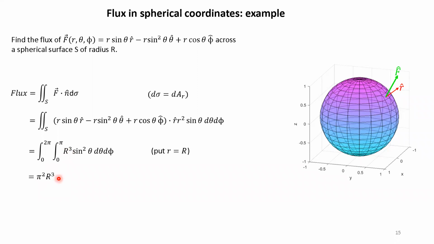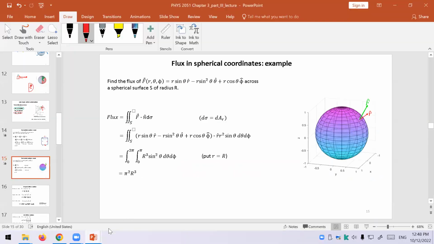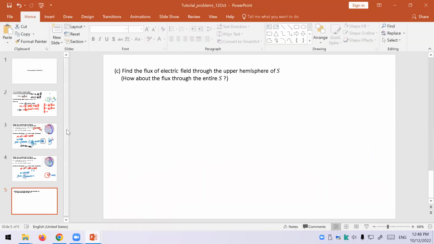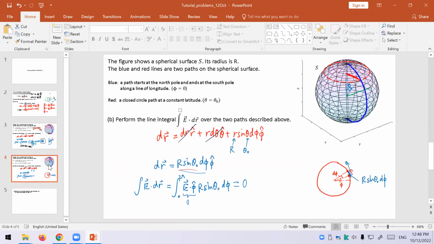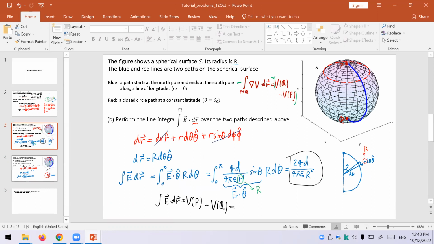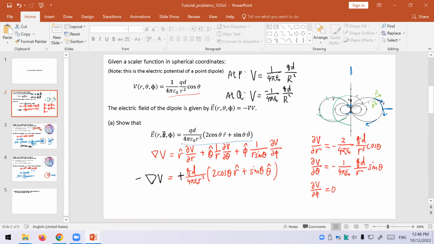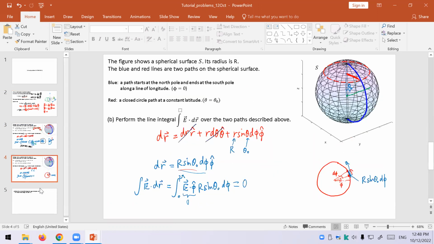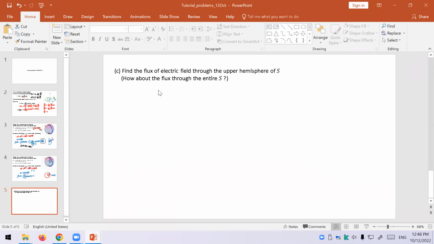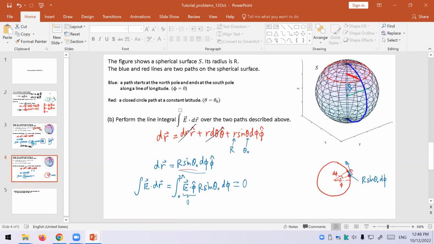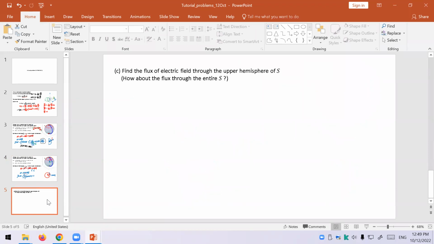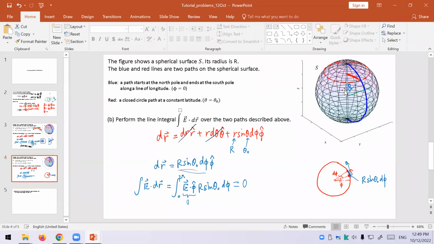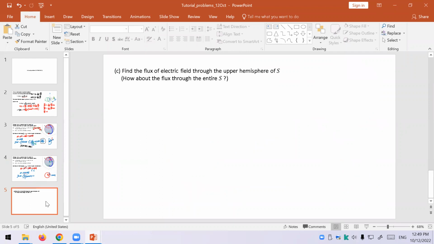Now let's try to do one problem by yourself by looking at part C of the tutorial problem. Again, we are using the same electric field as in part A. This time, I want you to find the flux of this electric field through the upper hemisphere of this spherical surface, not the entire sphere, but just the upper part.